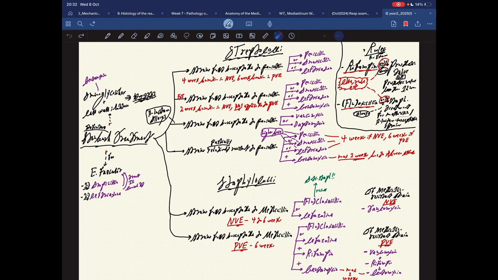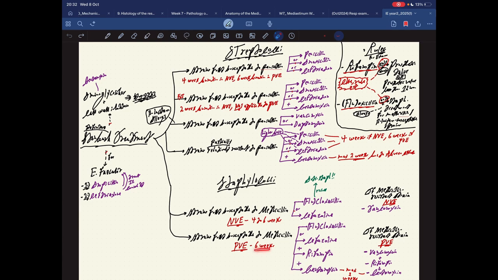Okay, for this same case, if the species is a methicillin resistant strain, then what would we give? Obviously, in native valve endocarditis, we would give vancomycin, which follows our rule for vancomycin. And if the patient has a strain that's fully susceptible to methicillin, again, however, here the difference is there is a prosthetic valve endocarditis.